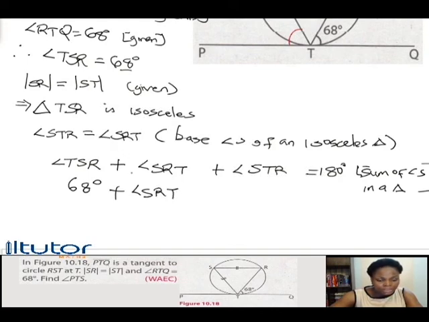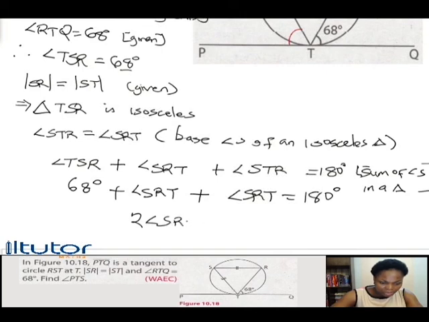SRT is equal to STR, so we can just say another SRT since they are the same, equals 180 degrees. So we now have two angle SRTs: 68 degrees plus two angle SRTs equals 180 degrees.